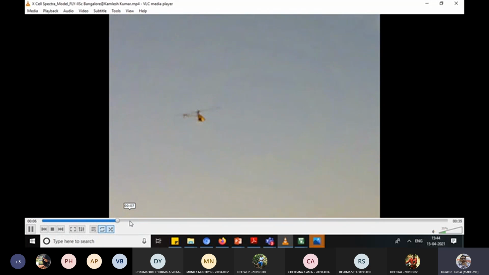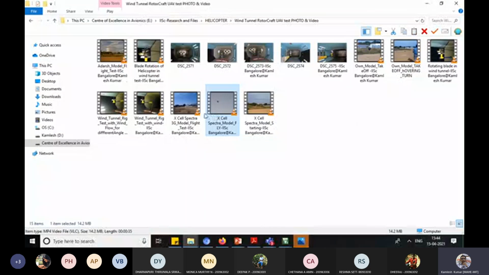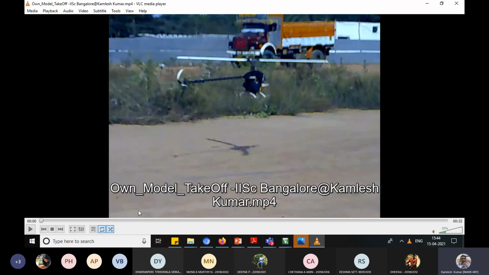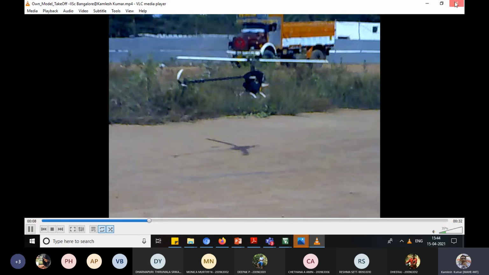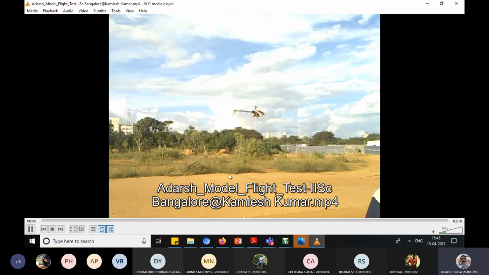So they do the different maneuvers. Same way, you can go ahead with fixed wing type of models. I think it is hanging now. Yeah. So just see one model.